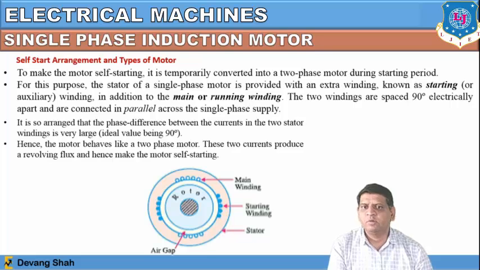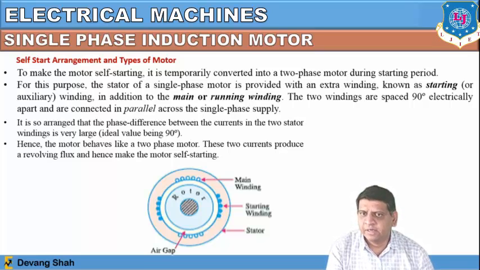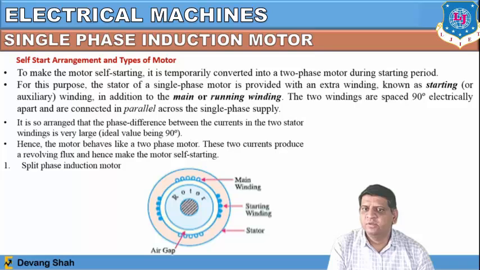Hence the motor behaves like a two phase motor, and these two currents produce a revolving flux and hence make the motor self starting. So the initial self start would be provided by the auxiliary winding. Now if we talk about different types of single phase induction motor, based on the method of providing the initial self starting torque, there are different types of motor.